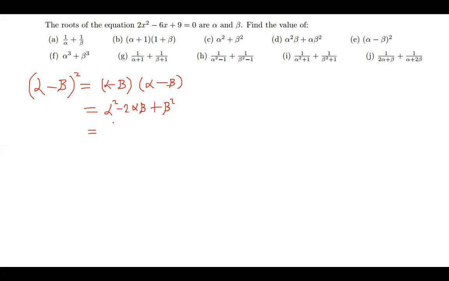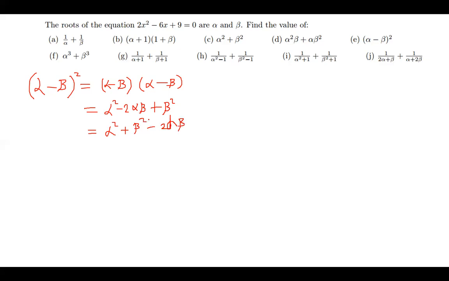So you have your alpha squared plus beta squared, then minus 2 alpha beta.